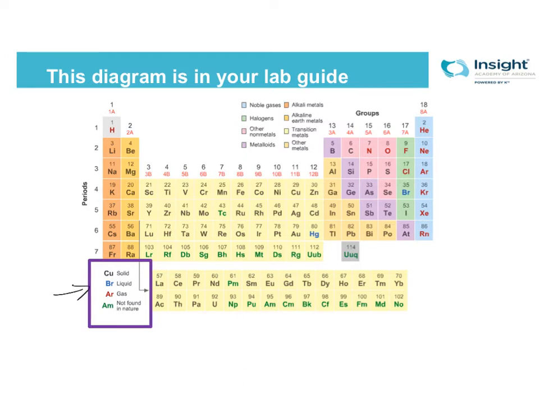Something that is written in black, the symbols written in black, means that at room temperature, that element is solid. If it's written in blue, at room temperature, that element is liquid. Bromine is one of them. What's the other element that's a liquid?